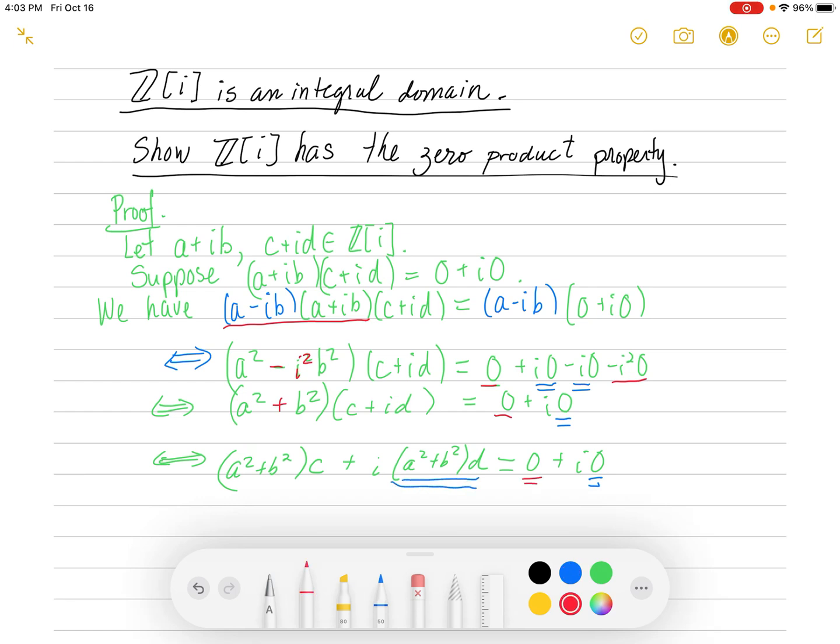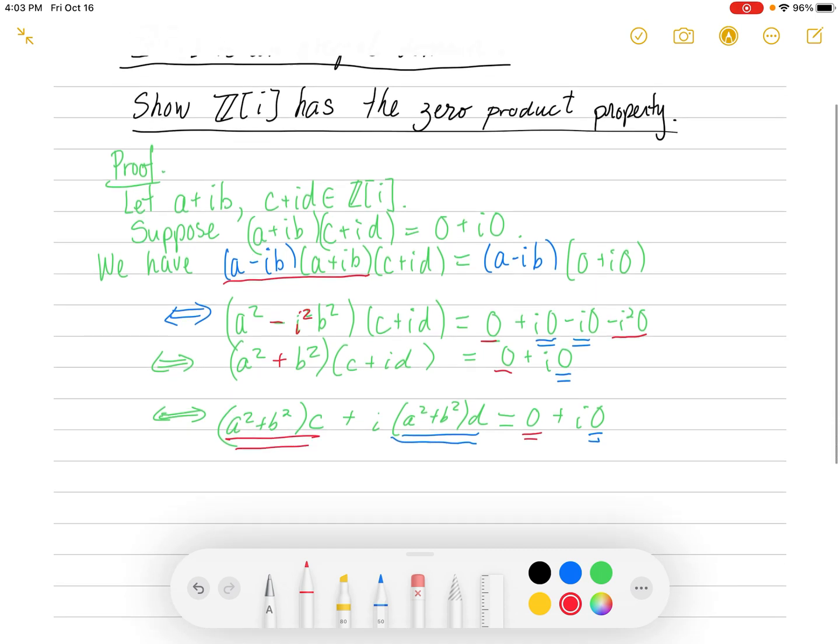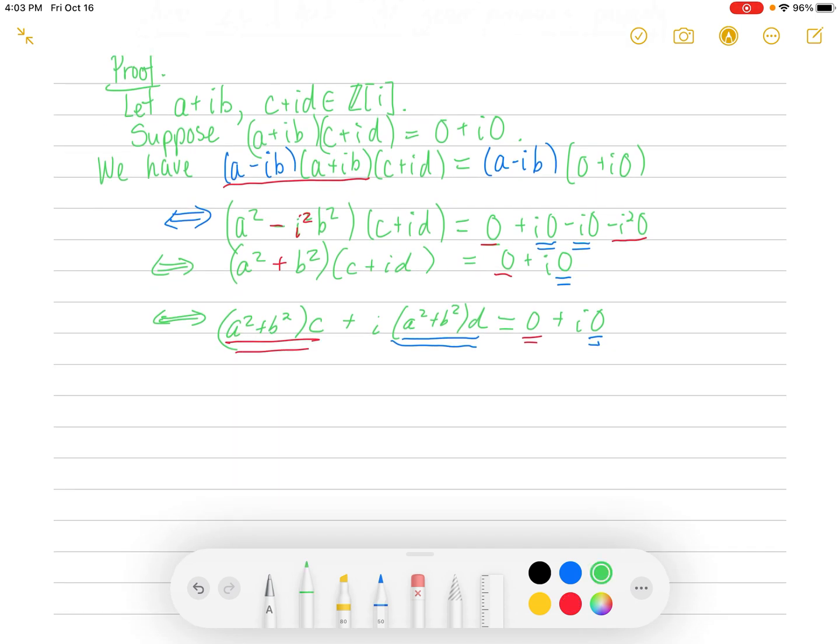So here's our imaginary part in blue and our integer part here in red. This is all equivalent to saying that a squared plus b squared times c must be 0, and a squared plus b squared times d must be 0.